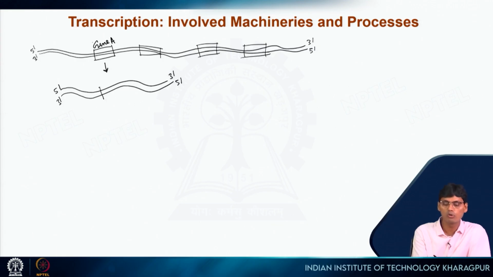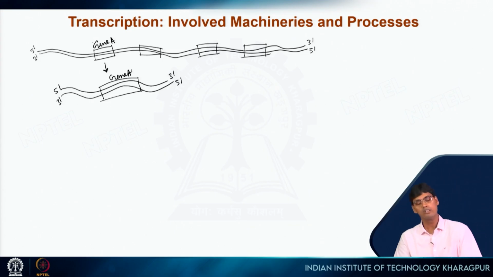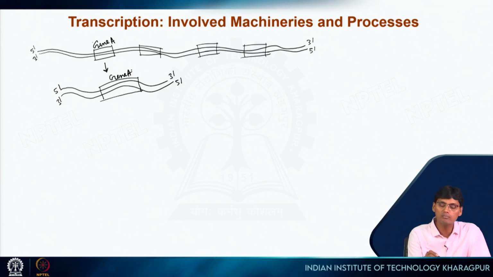So here we have gene A. In order to start transcription, that means to initiate the RNA, we have to understand where to start, because most of the nucleotides are not transcribed into RNA. So something should be present just ahead of the gene which will initiate the process. We have a specific sequence before the gene.